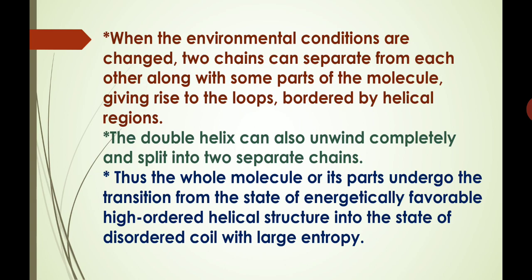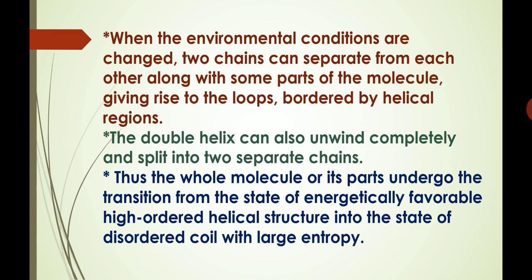When the environmental conditions are changed, the two chains can separate from each other along some parts of the molecule, giving rise to loops bordered by helical regions. The double helix can also unwind completely and split into two separate chains.